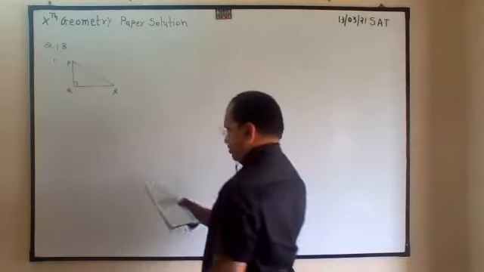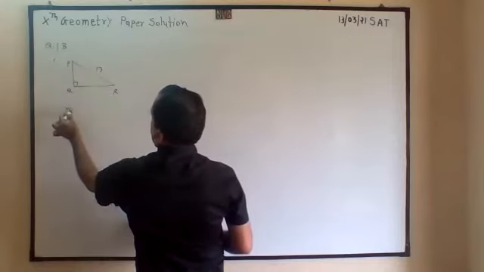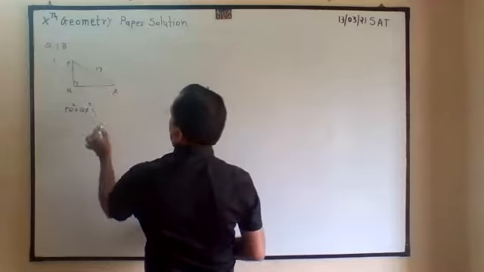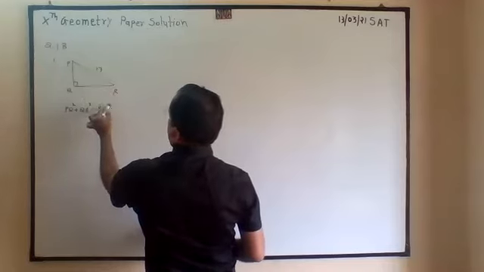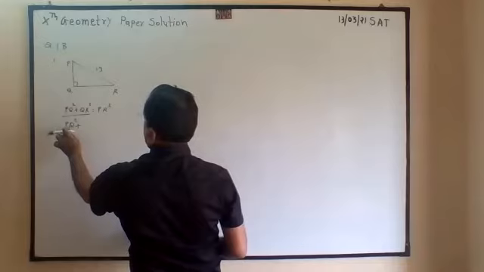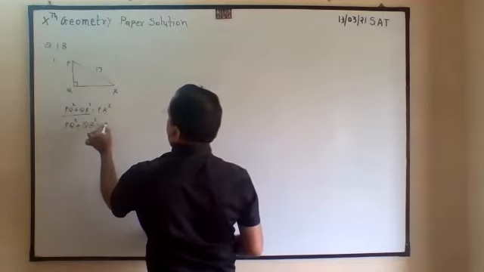Length of the hypotenuse is 13. Find PQ square plus QR square. But PQ square plus QR square is equal to PR square. We want this total square. So PR is 13, 13 square is equal to 169.